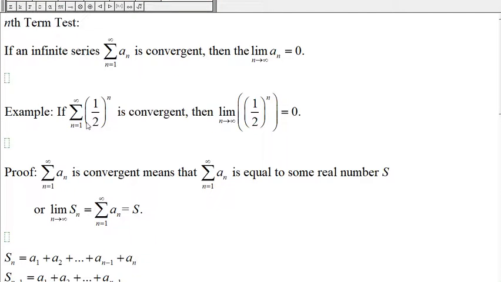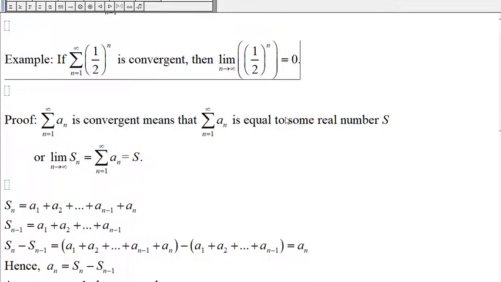If we have an infinite series like this geometric series of 1/2 to the n, and this infinite series is convergent, then the sequence 1/2 to the n has a limit as n approaches infinity equal to 0. So that's what the nth term test says: if we have a convergent infinite series, then the limit of the sequence must go to 0.